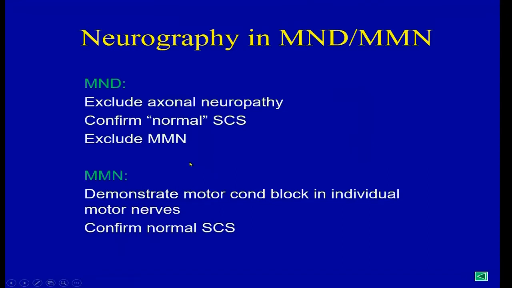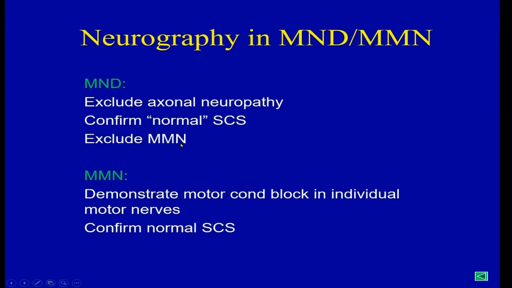In very early days we had to do at least sensory neurography to exclude an axonal neuropathy with low sensory amplitudes as a reason and cause of the generalized denervation. But now we rather use it to exclude multifocal motor neuropathy.